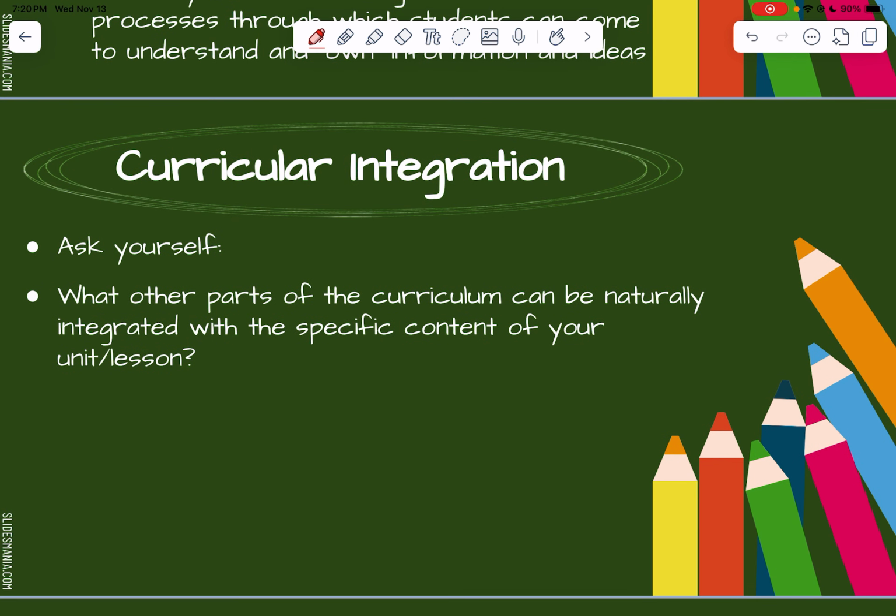You should be asking yourself, what other parts of the curriculum can be naturally integrated with the specific content of your unit or lesson? Especially if you're teaching science at the primary age level. The majority of the focus is not going to be on science in your classroom. It's going to be on math and reading and language arts.